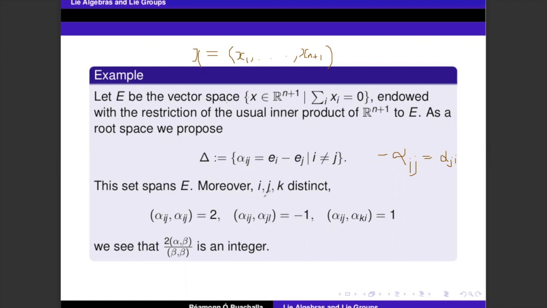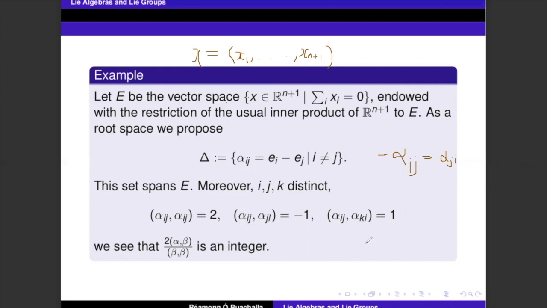If only one of them matches, well, if the first and the second match, then we're going to get a -1, and the same with the second and the first. And if it's only these guys, and so on, you can see what's going on. So we're always going to get an integer like this, and then the 2 is going to cancel here with the 2, and so on. So this, just by direct checking, you can see that this will always be an integer. Okay, so that's satisfied.